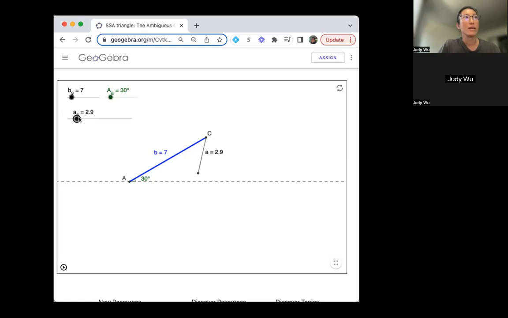But let's see if we can keep going a little bit. 3, 3.1, 3.2. Oh, at 3.5, if little a was 3.5, I would actually get one triangle, okay? But we said that little a is 6, so I'm going to keep going and make little a all the way up to 6.